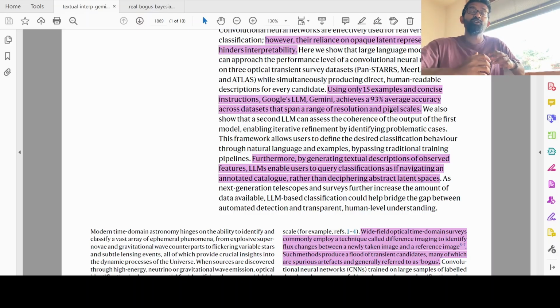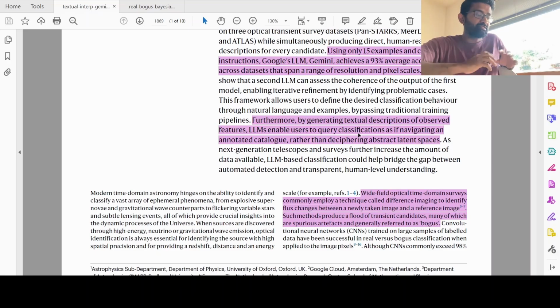Now Gemini, we have discussed in our previous video what a foundation model is. Gemini is actually a foundation model. It has the capability of interpreting different modalities of data, not only text, but also images, audio, video, etc. So you pass example images with corresponding descriptions, only 15 images, and then you pass some test data, and then Gemini achieves 93% accuracy.